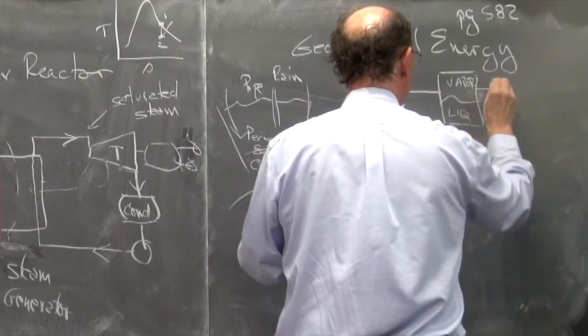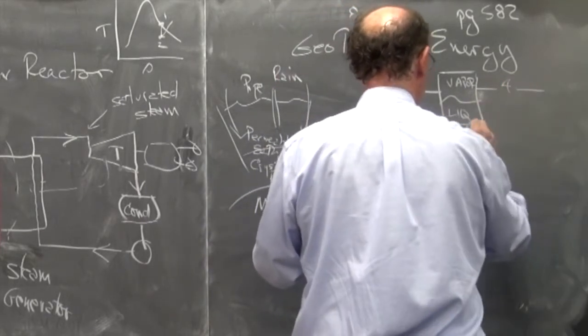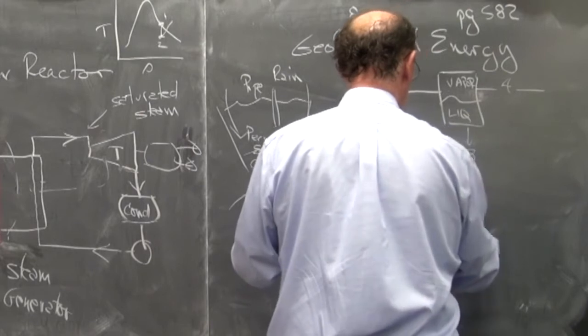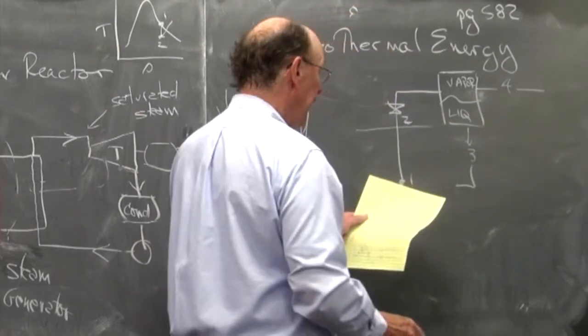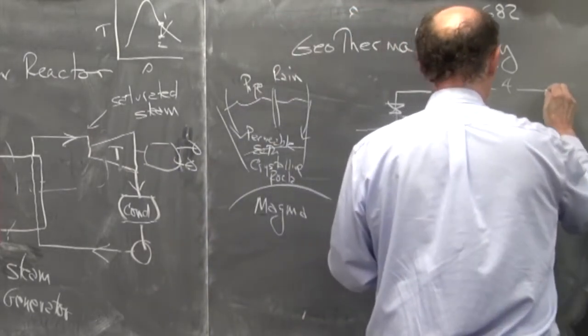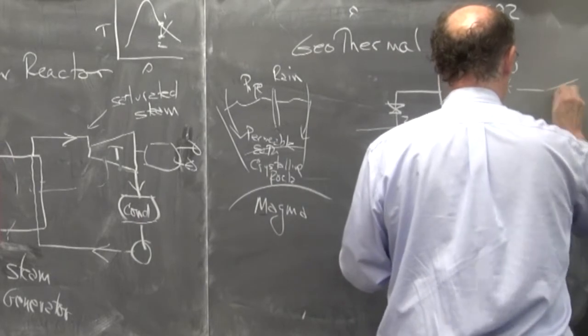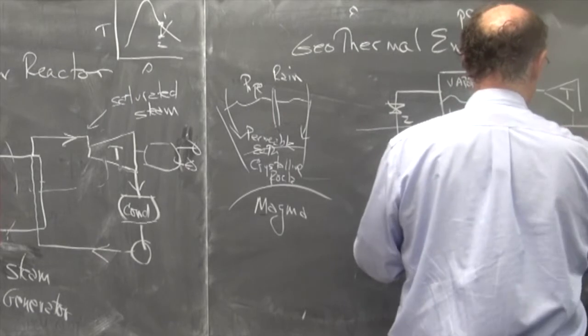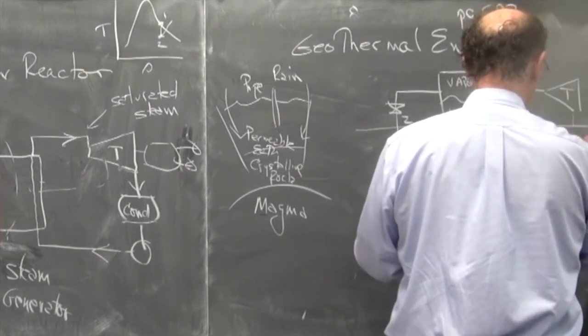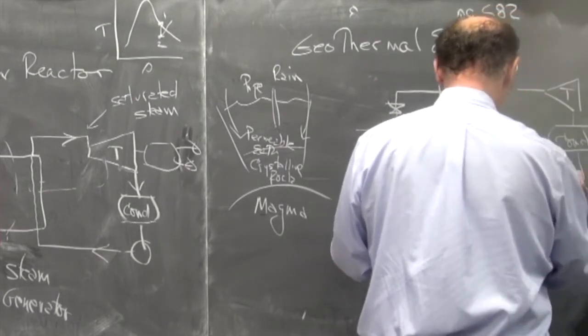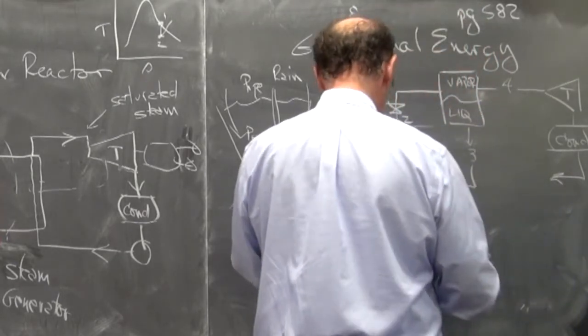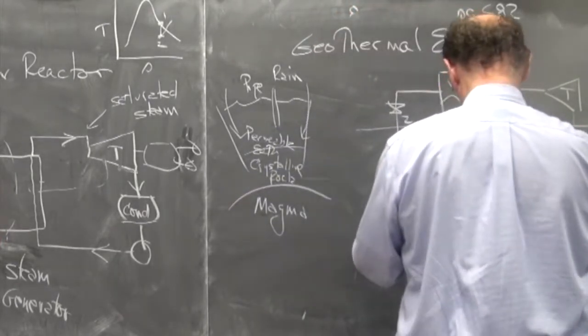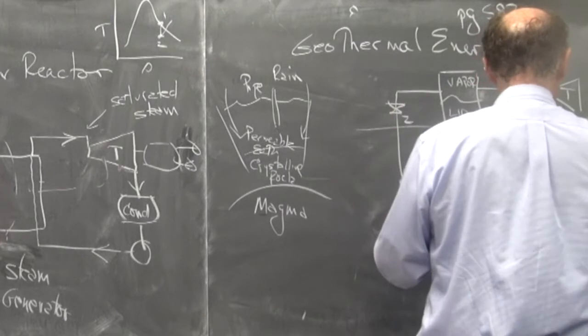I'll call this 4 and this 3. And from 4, we'll go into a turbine, into a condenser. So if I look at this, let me draw this 1, 2, 3, 4, 5, 6.